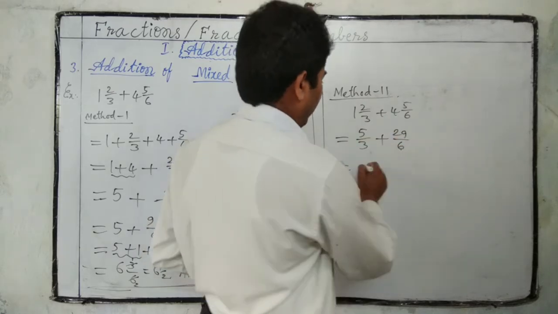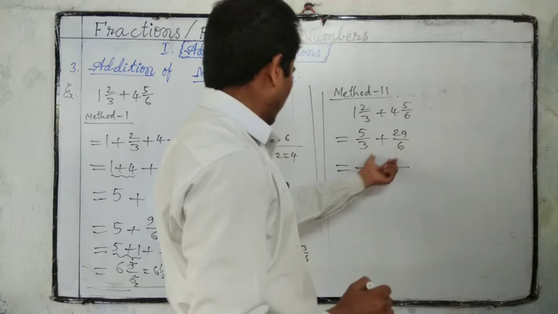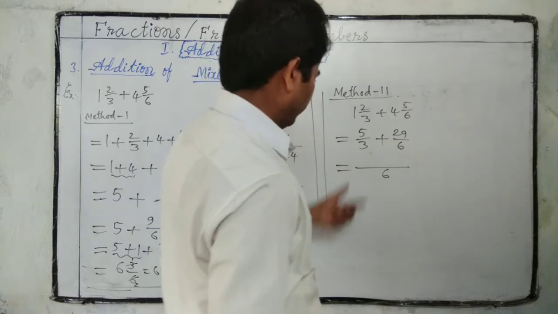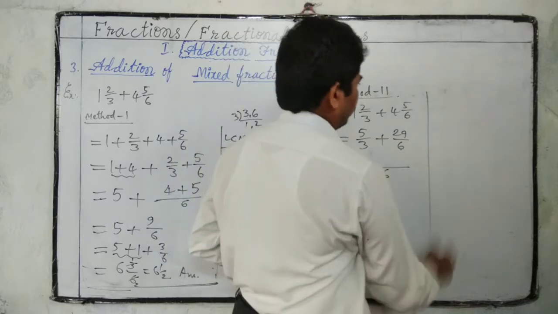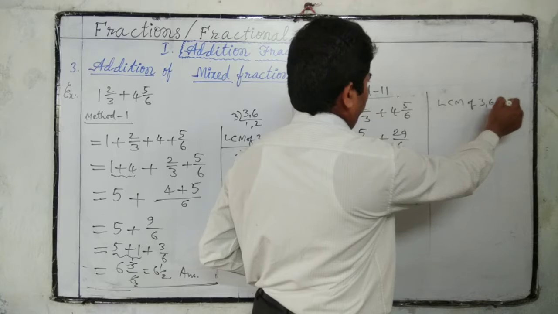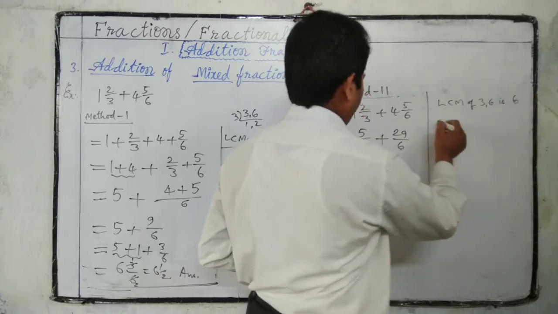Now take the LCM of the denominators. We have already found that 6 is the LCM of 3 and 6.